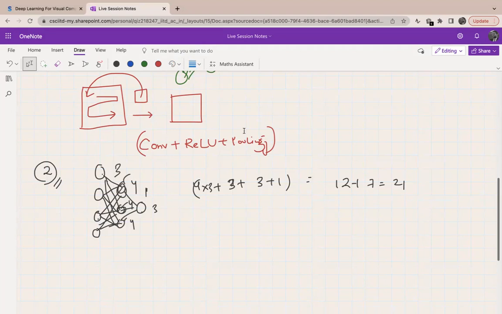And that's why we did 4 plus 1, 5 into 3, that is 15.